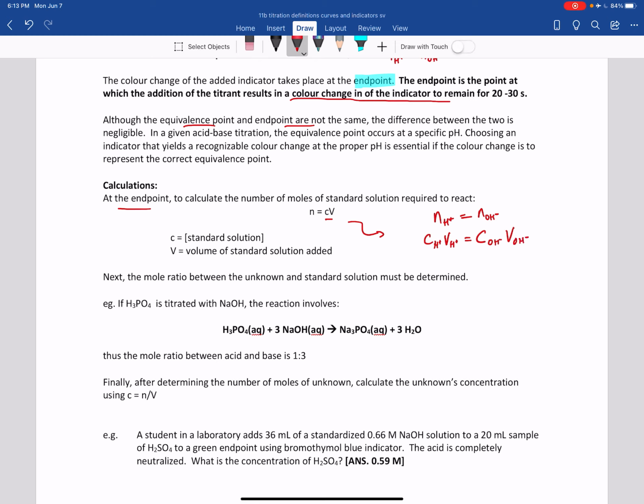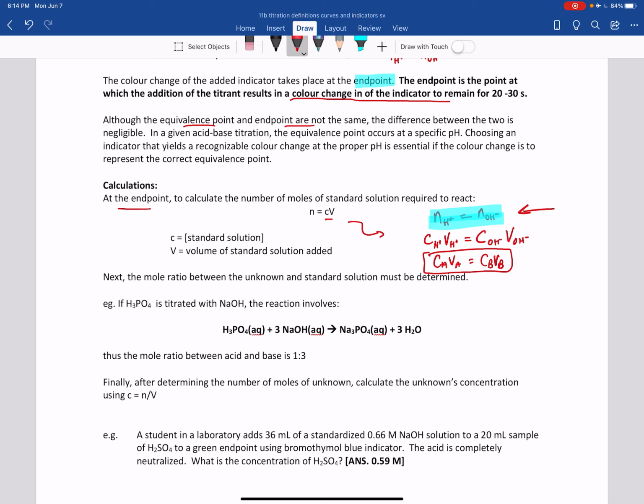Now why we say that is because the hydrogen and the hydroxide represent the acid and the base. So you'll often see this abbreviated as CAVA equals CBVB, and it's all based on this statement here, that at the equivalence point, the moles of acid equal the moles of base, and we just substitute in measurable values for that. So that's a very useful equation.